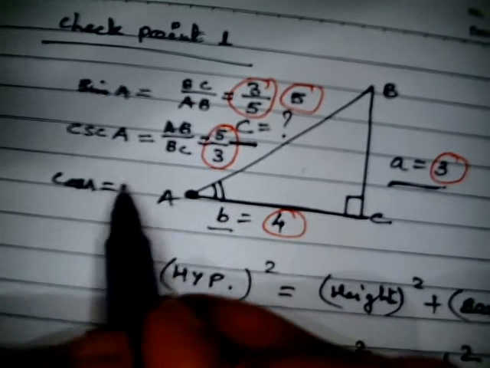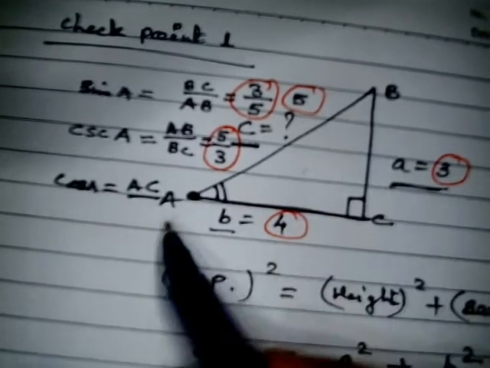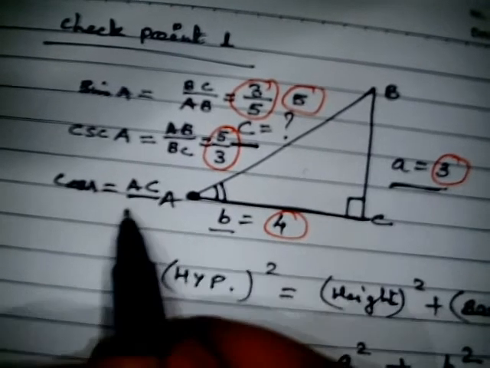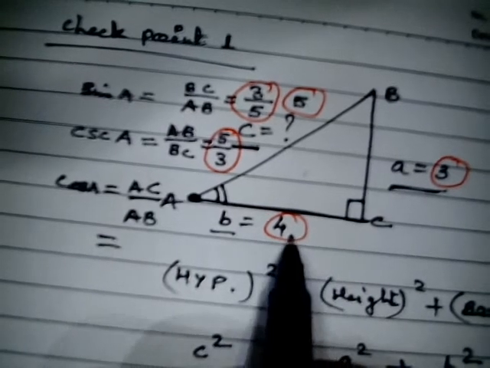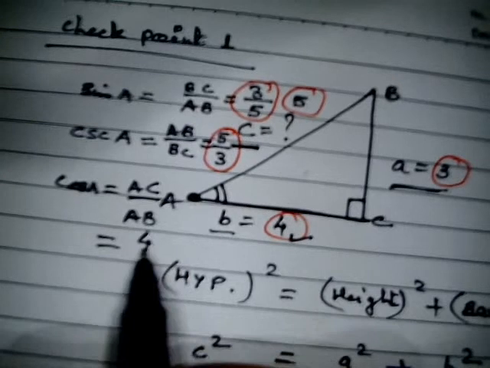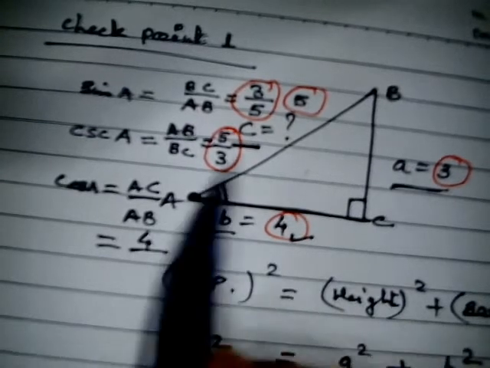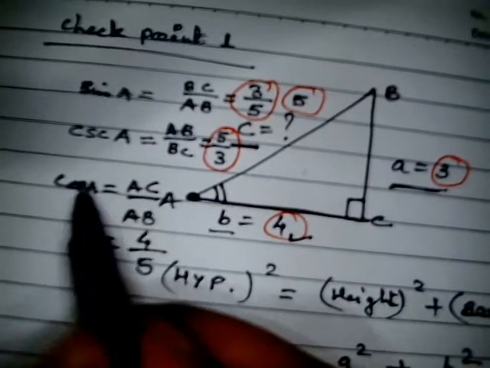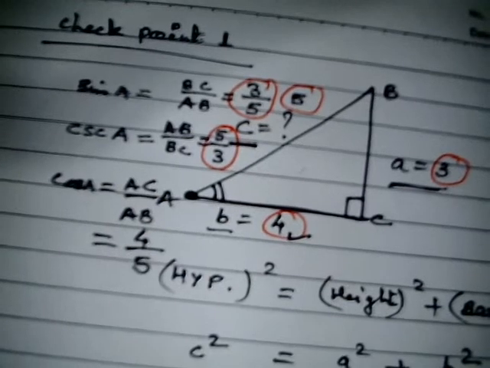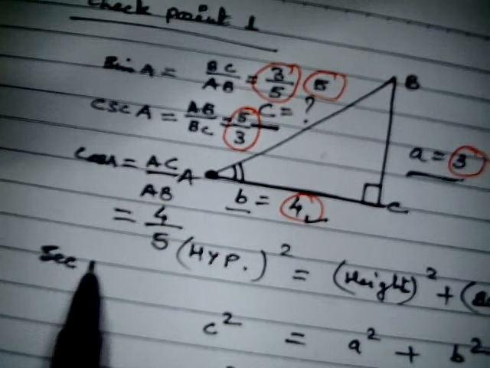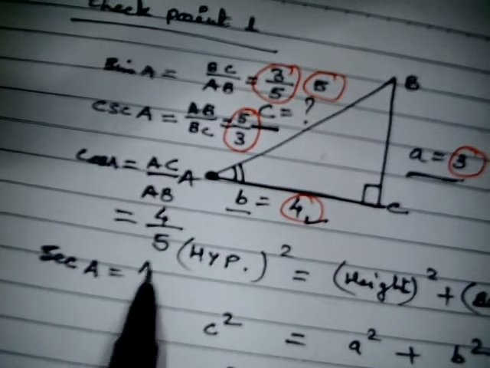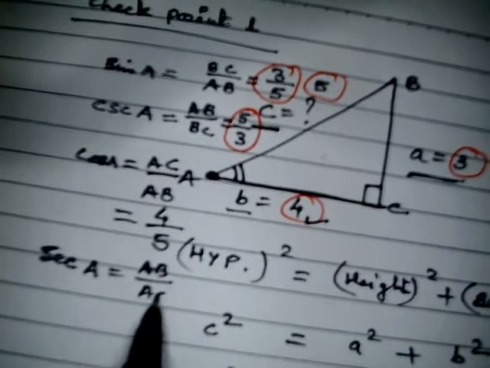The AC value is 4, and AB is 5. So cos A is 4 upon 5. Now the reciprocal of cos is sec. So sec is AB upon AC, meaning if it is 4 upon 5, that will be 5 upon 4. That is how we have calculated sec A.